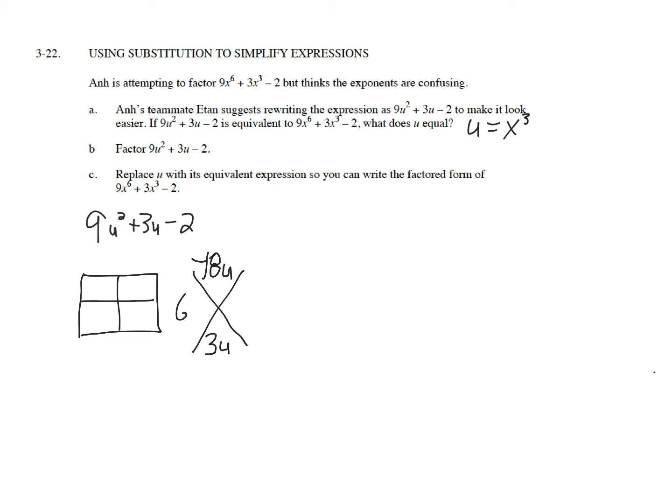I think that's going to be 6u times a negative 3u. That gives me a negative 18, and that adds to 3u.